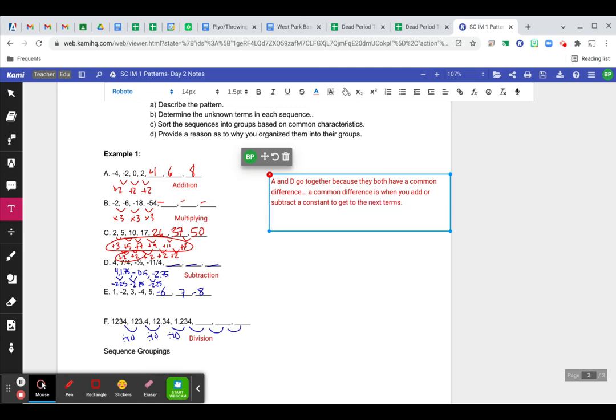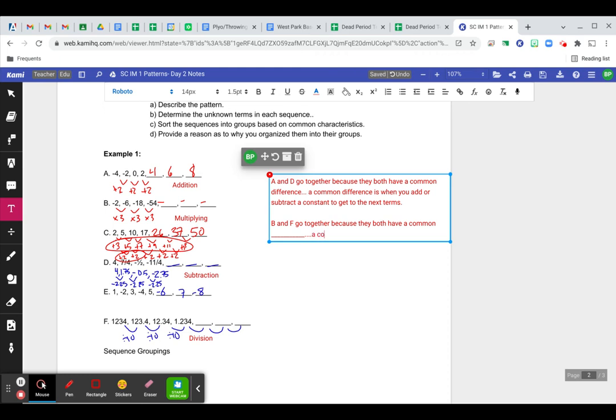Okay, so that would mean, well, if A and D go together, what about B and F? B and F go together because they both have a common... Well, we're going to leave that blank right there. We're going to make you wait until tomorrow's lesson. It's not a common difference, though.